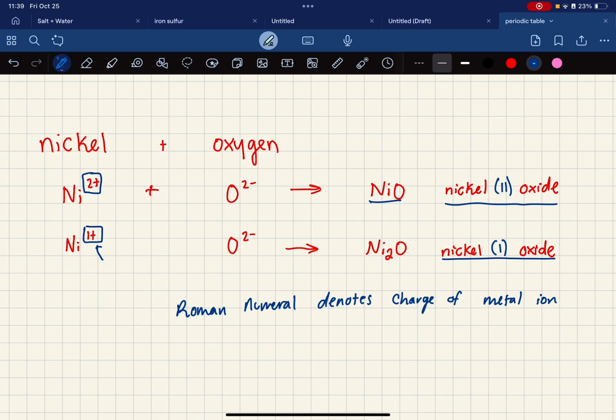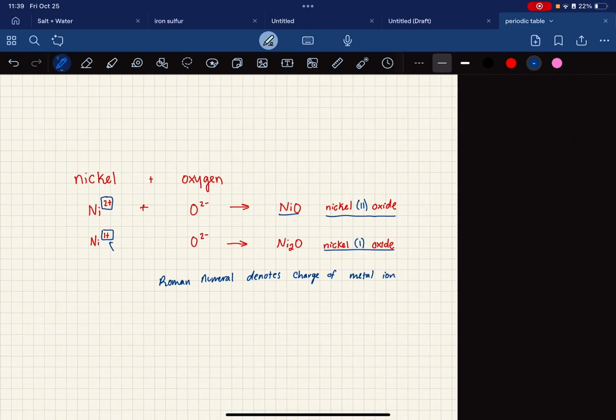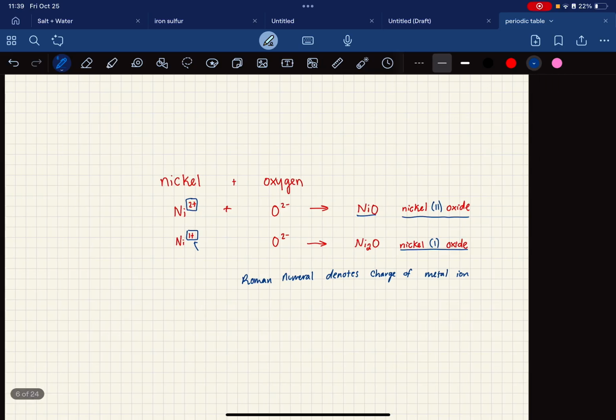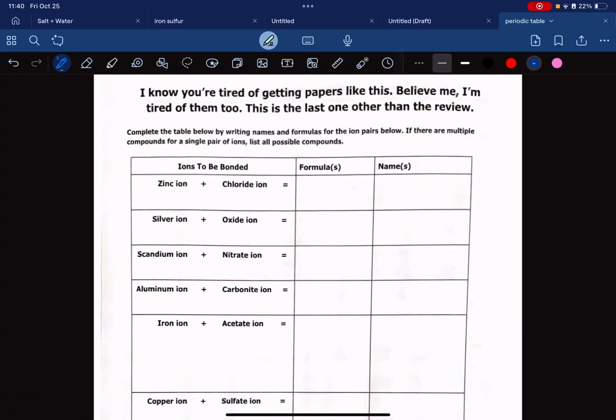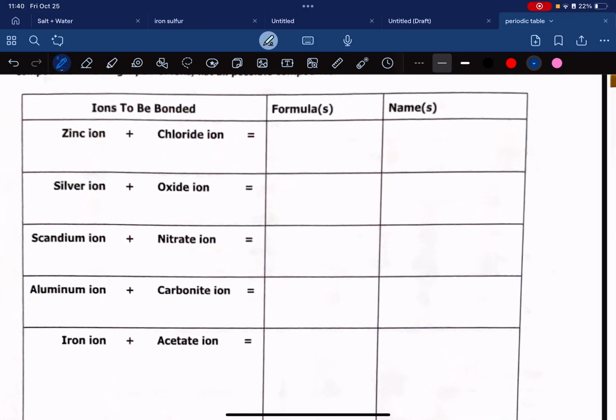All right, so let's practice using Roman numerals with our compounds now. I want you to get out that paper that I gave you on Friday, the one that looks like this. And we'll do the first one together.